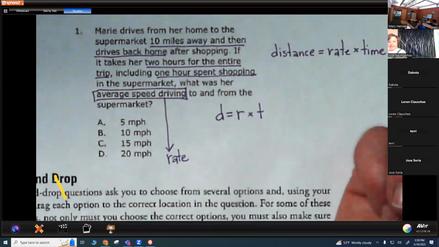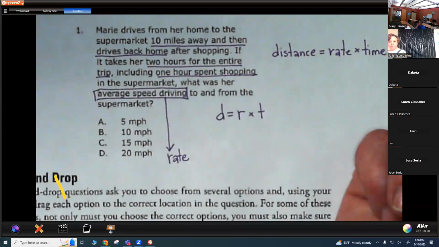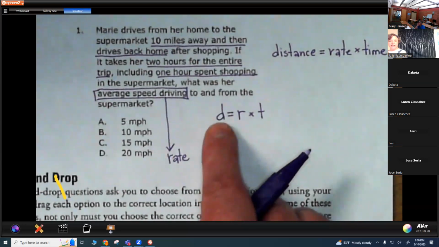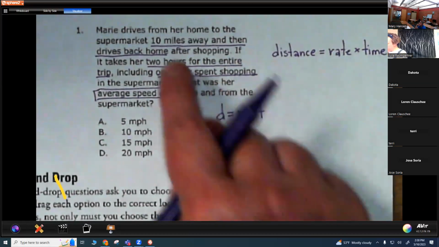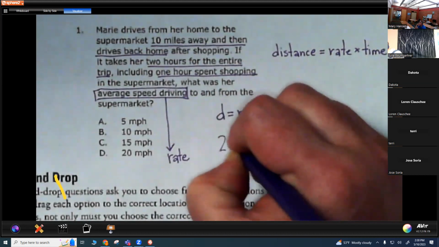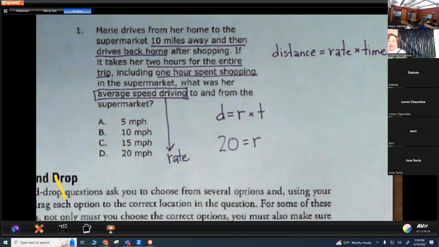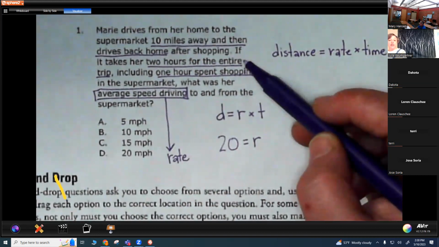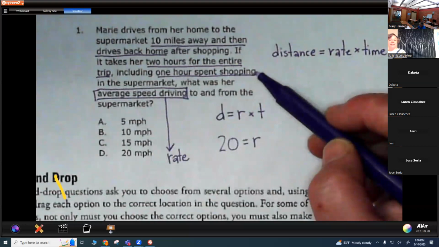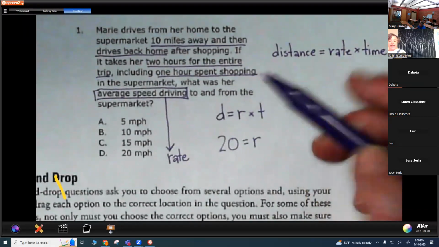Did anyone figure out an answer here? So what was the total distance that Marie drove? 20 miles, right? And we don't know the rate of speed that she traveled. How long did she drive for? No, 1 hour. The entire trip took 2 hours, but we have to subtract the hour of shopping.